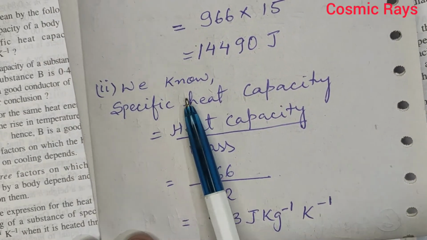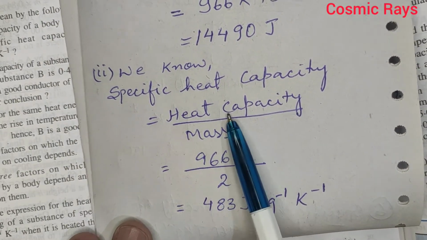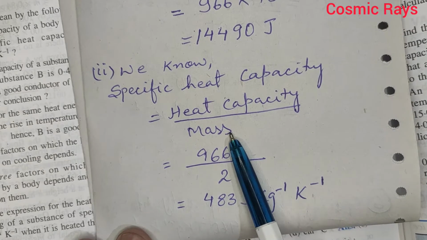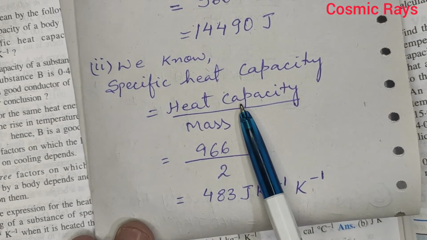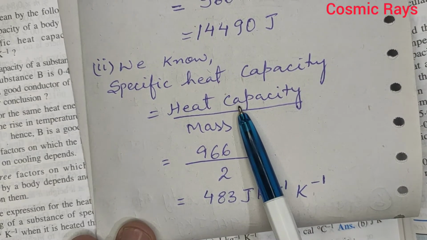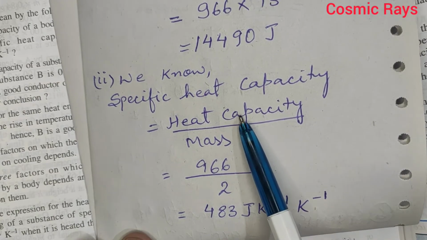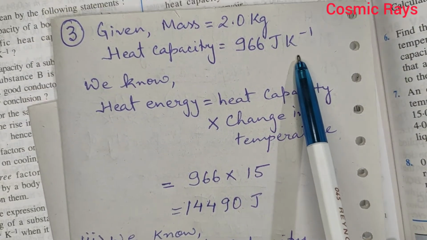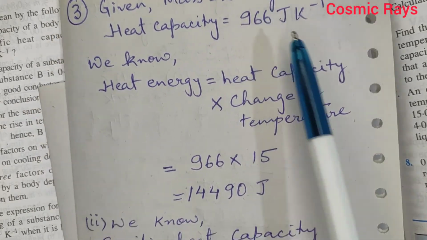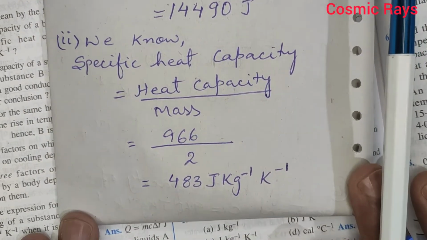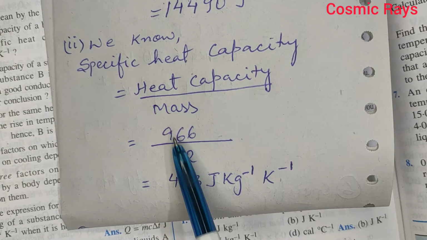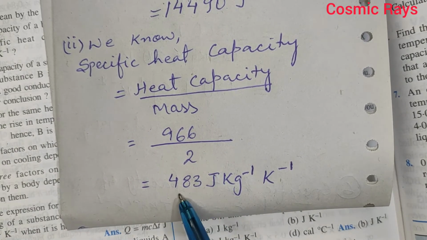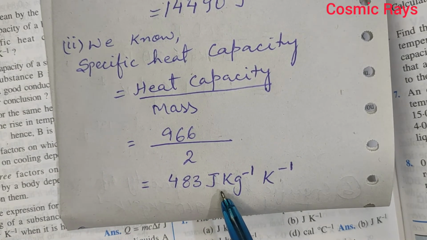So the specific heat capacity is given as heat capacity divided by mass. We have the heat capacity given to us 966 joule per Kelvin, and we have the mass given to us. So it comes out to be 966 divided by 2, so 483 joules per kg per Kelvin.